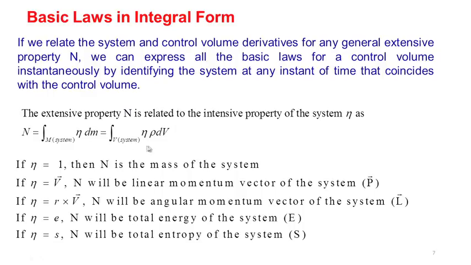You can substitute different values for eta and they are given here. Next one is for angular momentum, then total energy and total entropy. So from this general relationship between extensive property and intensive property, one can obtain basic laws in integral form. As I mentioned before, this is what is known as the Reynolds transport theorem.